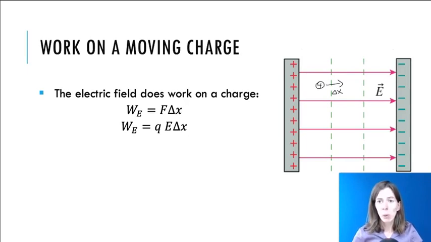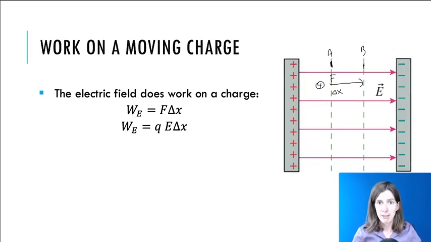So let's look at what happens when it moves, let's say, from position A, which we'll call this line, to position B, this line. It moves from here all the way up to here. What happens to this charge? The electric field is doing work on this charge because there's a force to the right and it's moving a certain distance, right? So there's work being done.